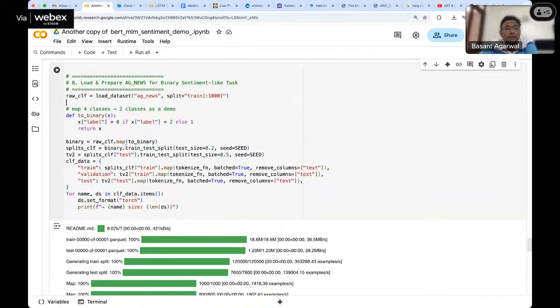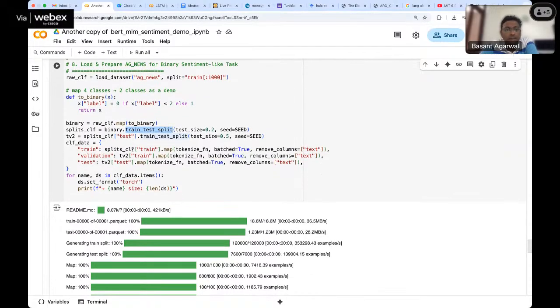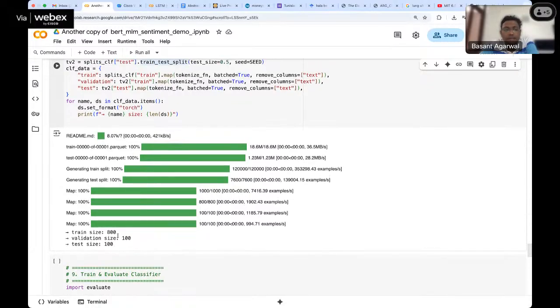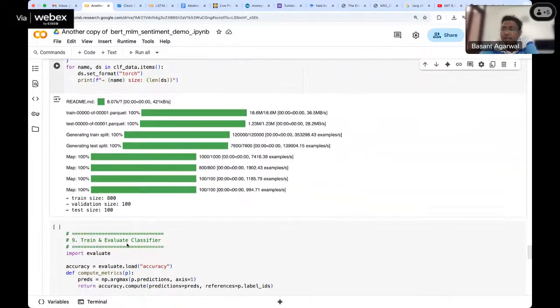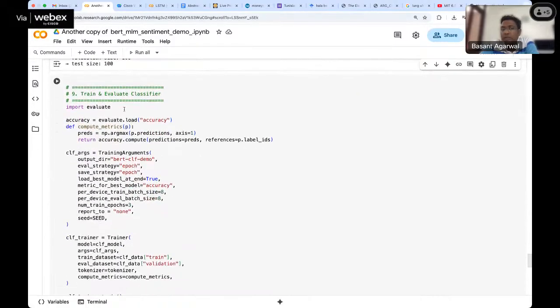Then we split the data into 80% training, 10% validation and 10% testing data, and print the data sizes. So for this data, we are taking 800 labeled training samples, 100 validation samples and 100 test samples.